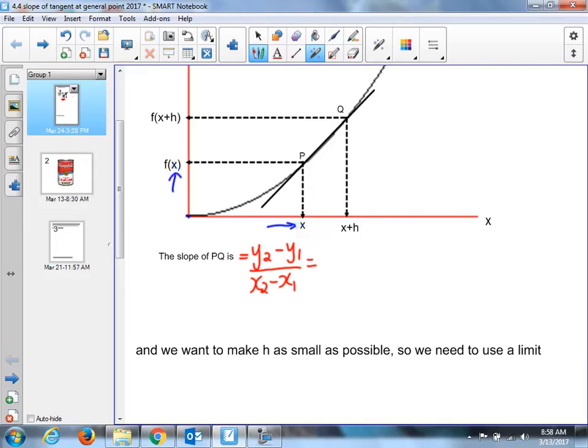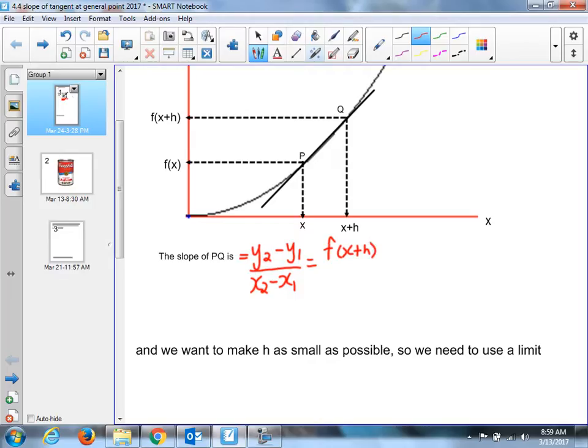Likewise, that x plus h value, how do you find the corresponding y value? Well, you plug it into the function, f of x plus h. And that's where the work comes in. So our next thing in notation is y2 minus y1. We're not going to put y2, we're going to put f of x plus h, whatever you get when you plug that into the function. Who knows what the function is? Could be x squared.